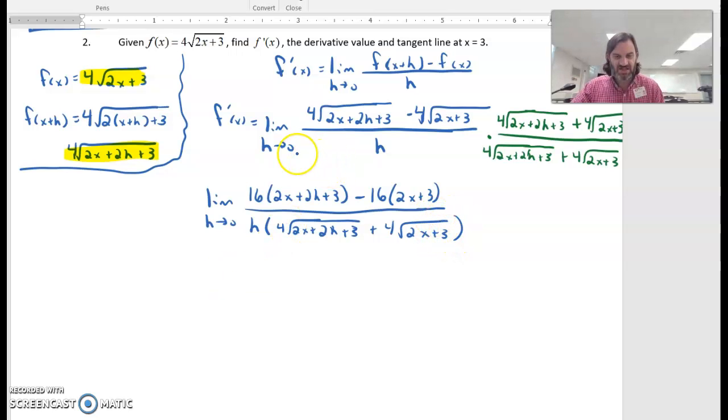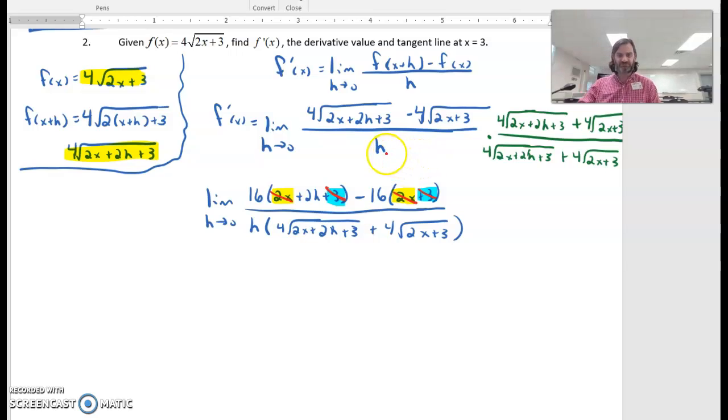I think I'll go ahead and cancel some stuff out of the top while I'm here because it's getting a little bit frustrating. Remember, we can push that 16 through, but there'll be a 16 times 2x up front, and there'll be a minus 16 times 2x in the back. They'll cancel each other out, so we should distribute that 16 first, but to save a little bit of space, I'm doing it differently. Nothing interacts with that h, but there's a 16 times 3 up front and a minus 16 times 3 in the back, so those will knock each other out.